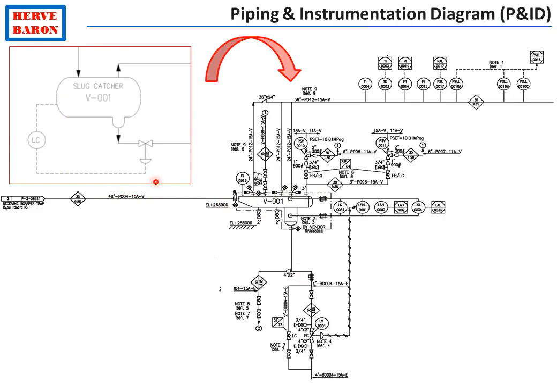The process flow diagrams that we have seen earlier only show the main process lines, the process equipment, as well as the control valves. Much more details are needed to be defined by process. These details are shown on the piping and instrumentation diagrams.